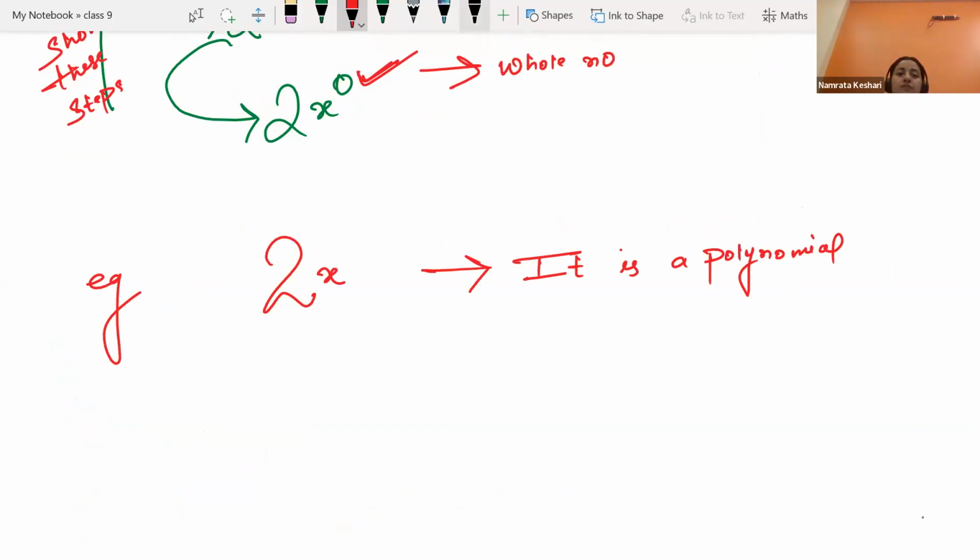So for x, even though we can't see an exponent, when we can't see it, it's always 1. So it's x raised to the power 1. 1 is a whole number. So that is the reason why 2x is a polynomial. Perfect. That's what I wanted to hear. Here the exponent is 1 and that's a whole number. It is a polynomial.